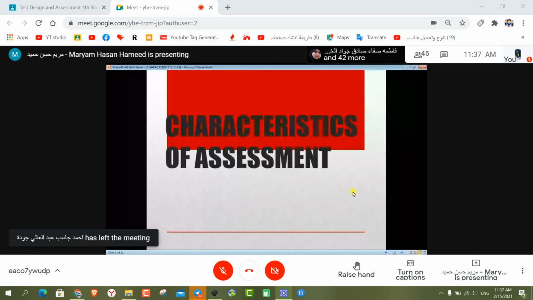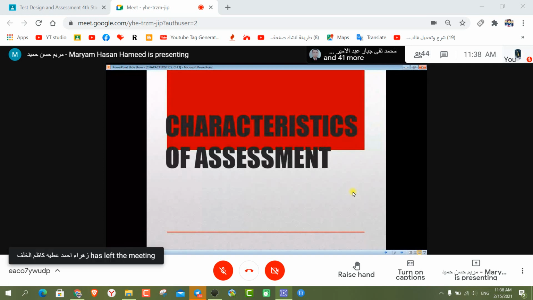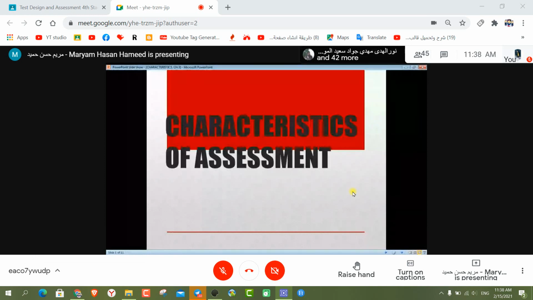There are in fact four kinds of validity: content validity, empirical validity, face validity, and construct validity. Content validity is almost certainly the most important for the practicing teacher.